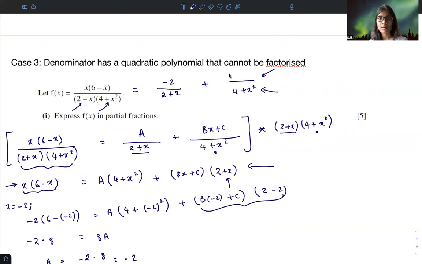So we have 1x plus 4, and we actually don't need to write 1, so we can just get rid of the 1. Just write it as x plus 4. That's our answer. So x times 6 minus x over 2 plus x, 4 plus x squared, can be written in terms of partial fractions as -2 over 2 plus x plus x plus 4 over 4 plus x squared. That's our final answer. That's it.